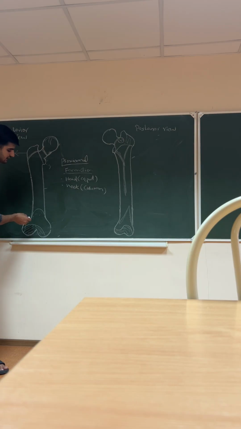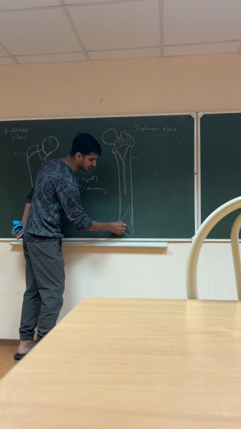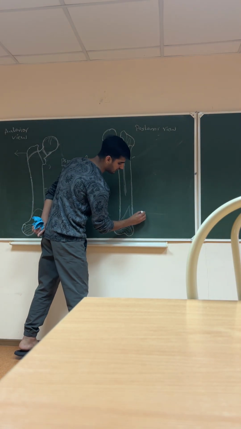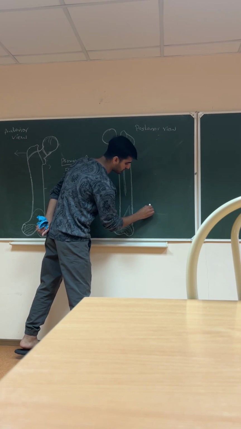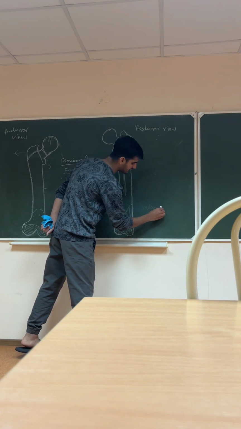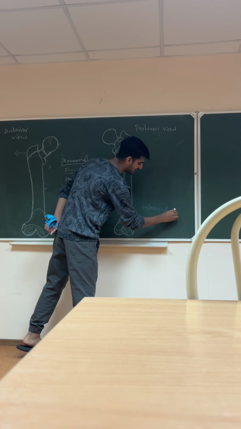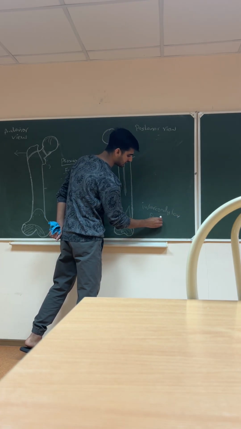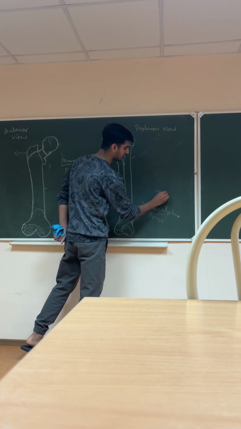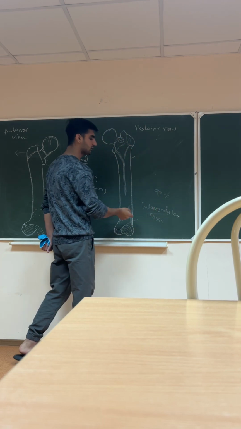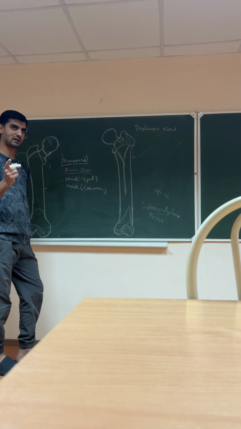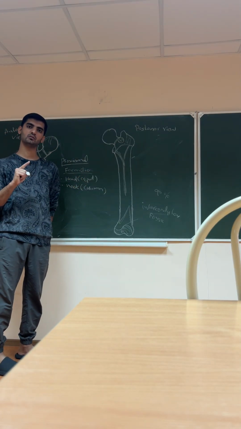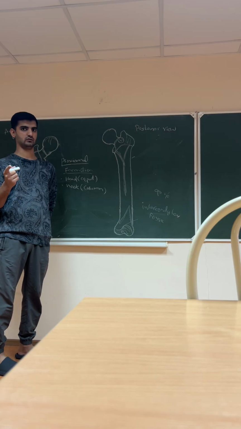The second difference is here in the posterior view. Here we have the intercondylar fossa, because this is the intercondylar region. This is the 90% difference. Then you will know whether this is the right femur bone or the left femur bone when the professor asks you in the viva.